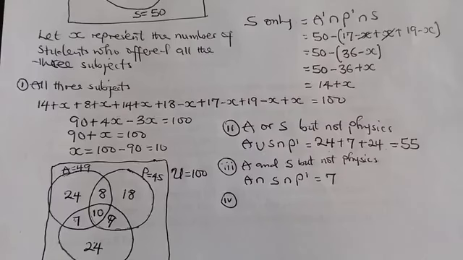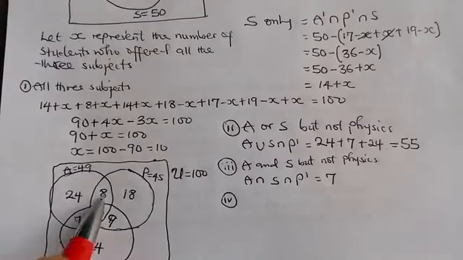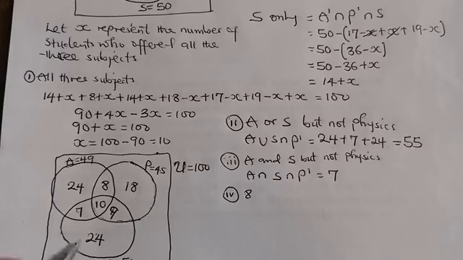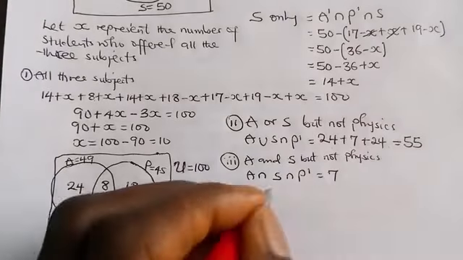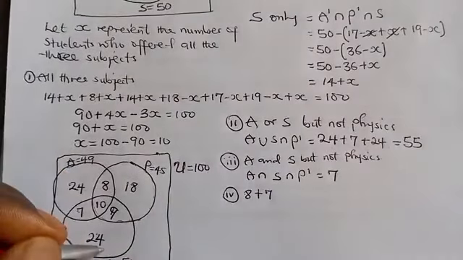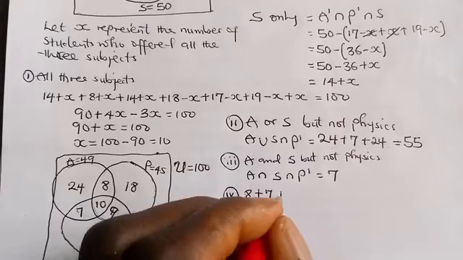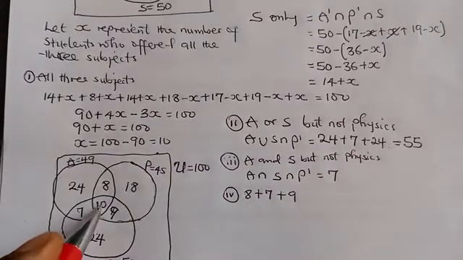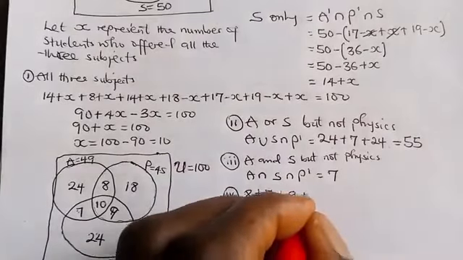So looking at this data, we have here algebra and physics, 8 students. Algebra and statistics, 7 students. Physics and statistics, we have 9 students. And then all the 3 subjects, we have 10 students.